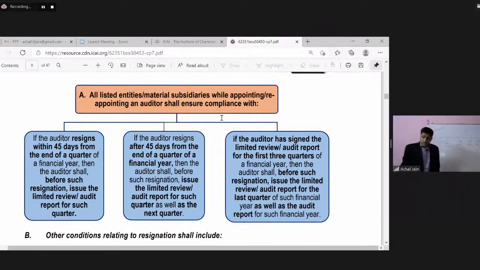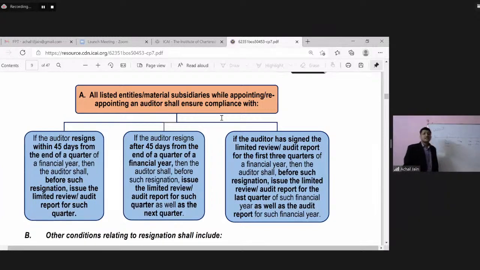Now we are saying if the auditor resigns within 45 days from the end of the quarter, then the auditor shall, before such a resignation, issue the limited review or the audit report for such quarter. So let's suppose for 30th June 2020, if the auditor resigns after the quarter is completed, then if he resigns within 45 days, so when is he resigning?